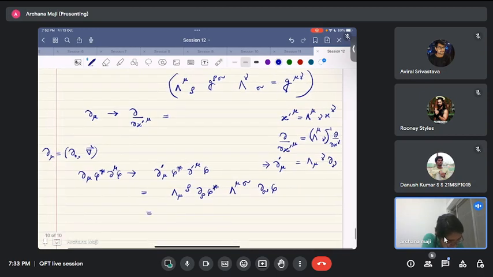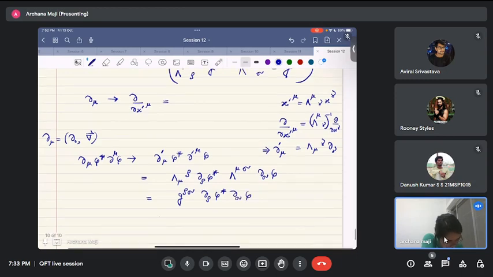Now these two terms will be g rho sigma, phi star del sigma phi, which is same as del rho phi star del rho phi.